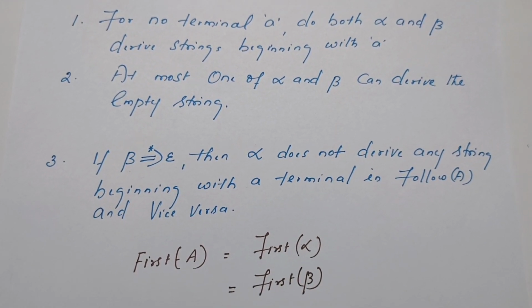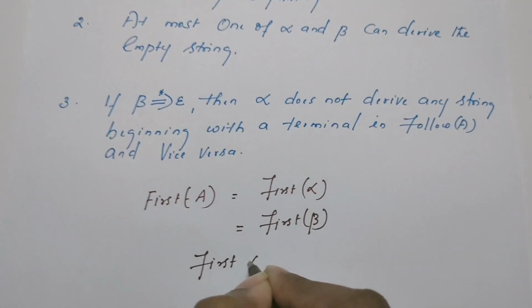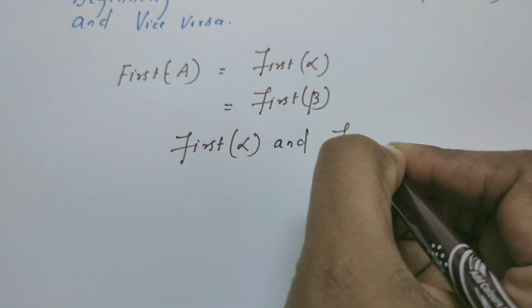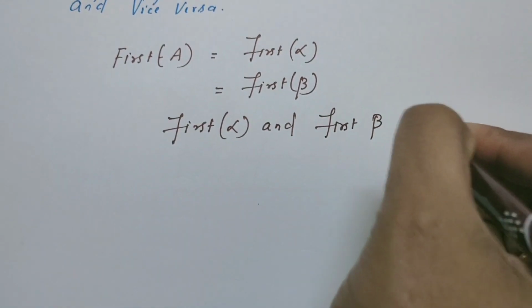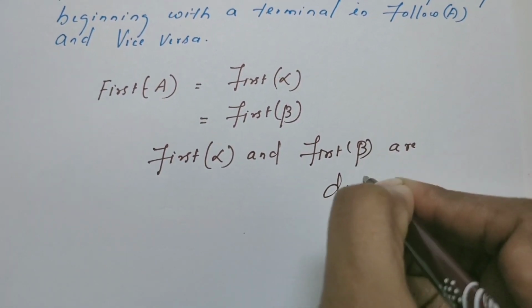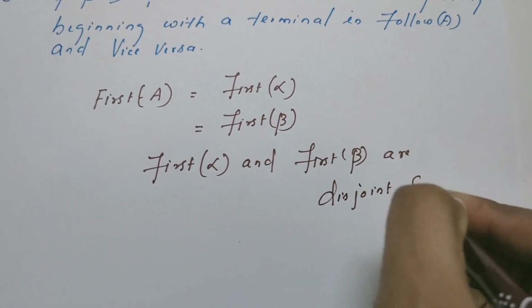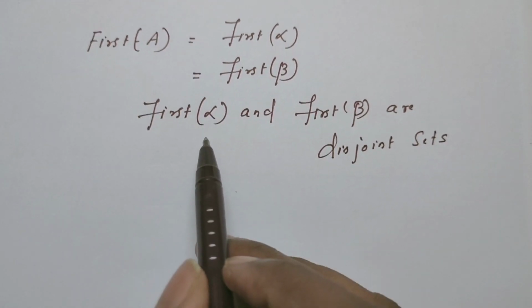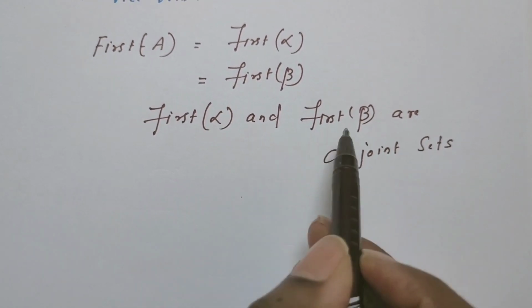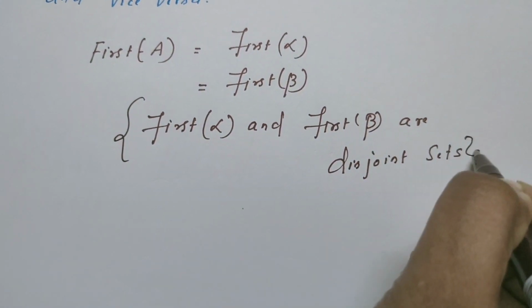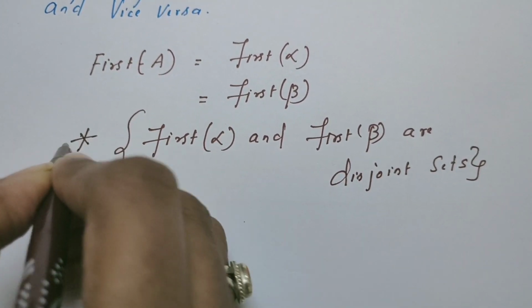So the condition says that first of alpha and first of beta are disjoint sets. In the sense, the intersection of the sets first of alpha and first of beta is null. So this we have obtained from rules number 1 and 2.